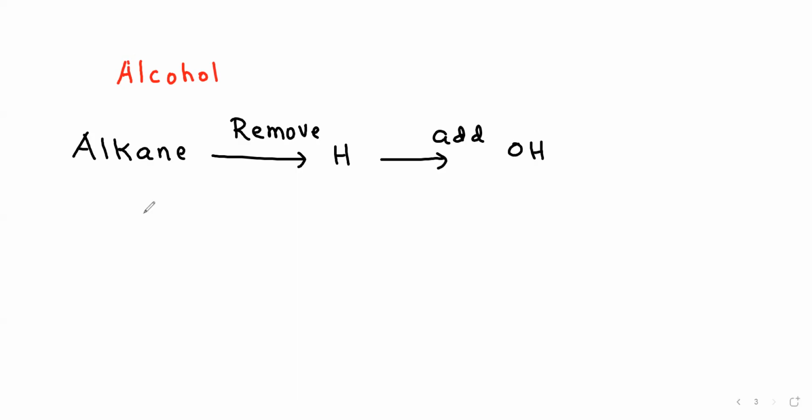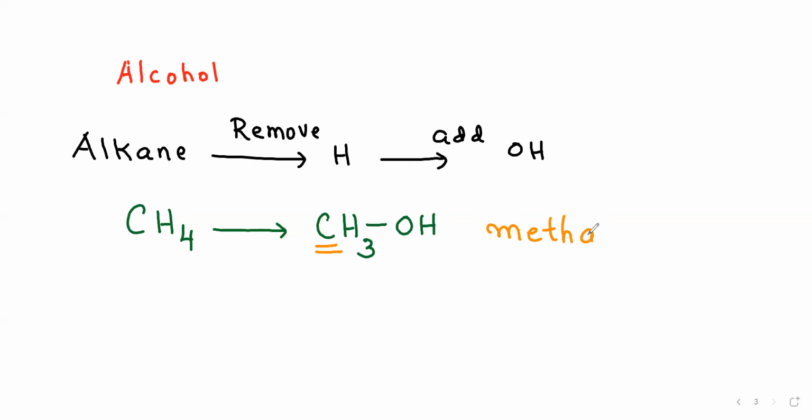Let's see the alkane CH4. When you remove an H, it becomes CH3, and to that an OH group is added. It has only one carbon, so it will be meth, and the E of methane is replaced by OL. So this is called methanol.